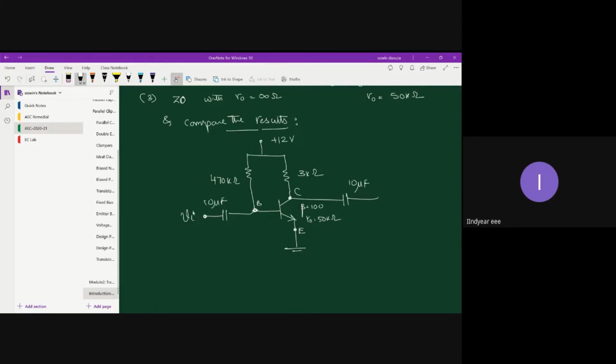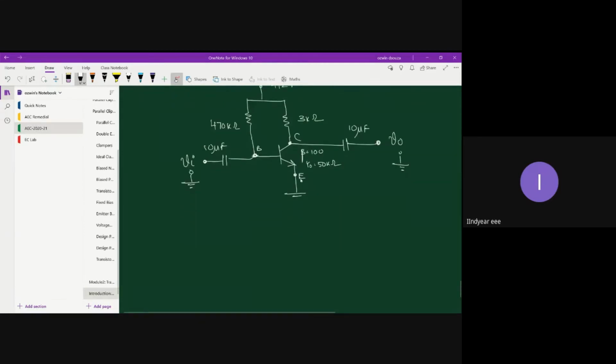This is your Vi, and this is your Vo. All signal measurement is done with respect to ground. Whether they show the ground terminal or not, you should understand that Vi and Vo are always measured with respect to either base and ground or collector and ground. So this is the circuit diagram.